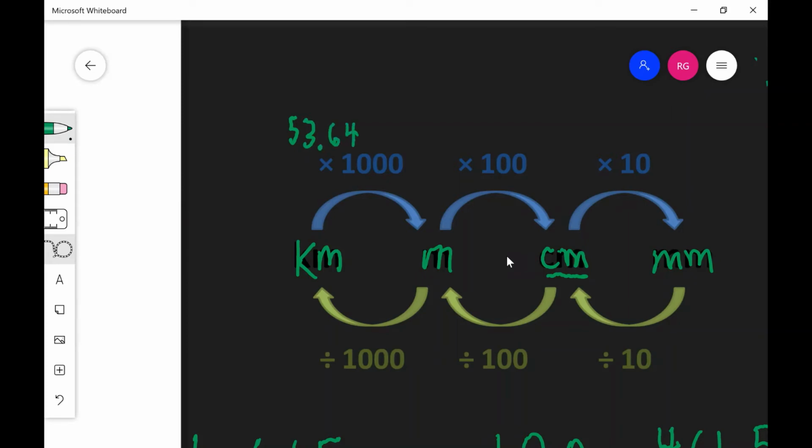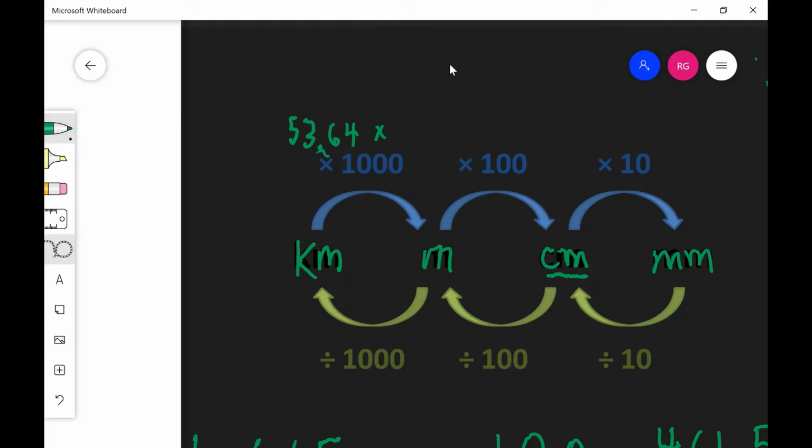Well, we need to multiply by what? Anybody? 1,000. Yeah, exactly. So we're going to multiply by 1,000. All right, so 53.64 times 1,000.